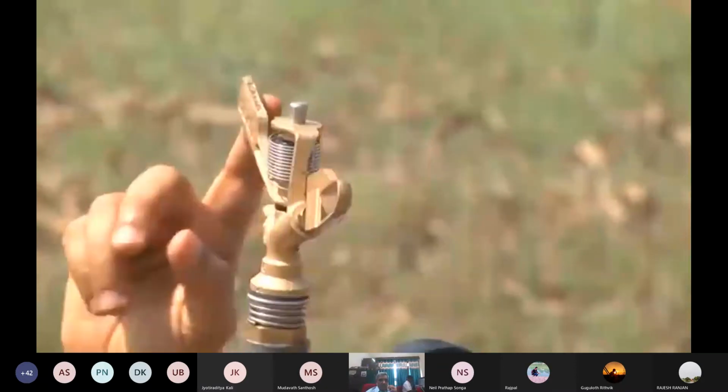Now we will be monitoring the pressure, and at a given pressure, how much discharge is coming out of the sprinkler. There is a relationship which I have already explained to you, that discharge from a sprinkler nozzle is directly related to the square root of the operating pressure. We will find out the total discharge, that is discharge from this nozzle plus discharge from this nozzle.